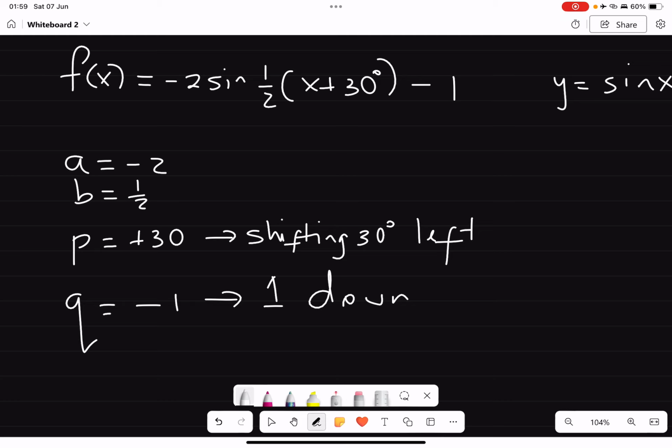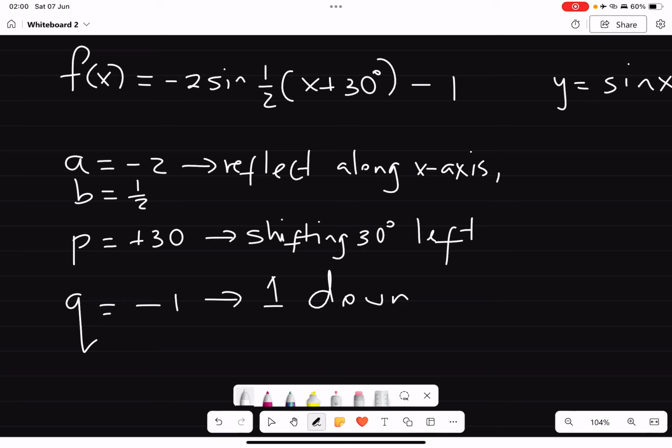Now, let's see. You always check the sign here. The sign in front here tells you something. It tells you that we have reflected this function along the x-axis. So here, we reflect. If it's negative, it's always reflect along the x-axis. And because we have an A that is more than 1, is not 0 point something, it means we are stretching.